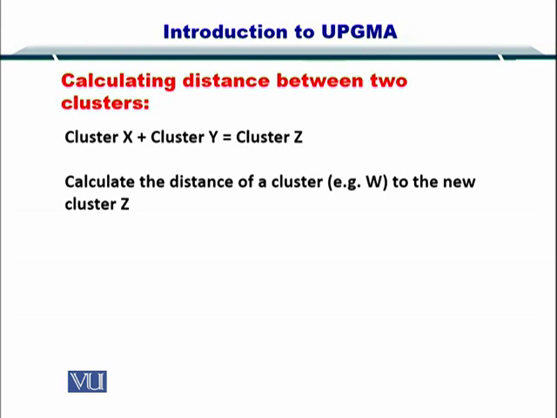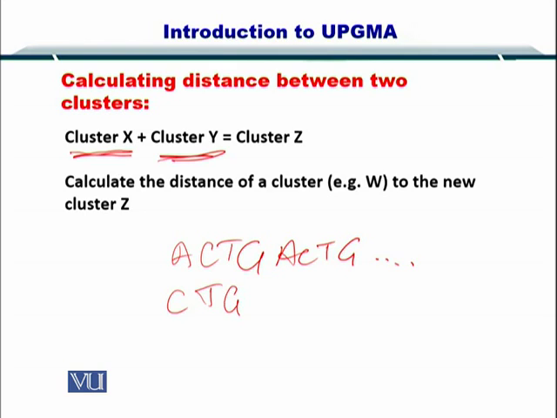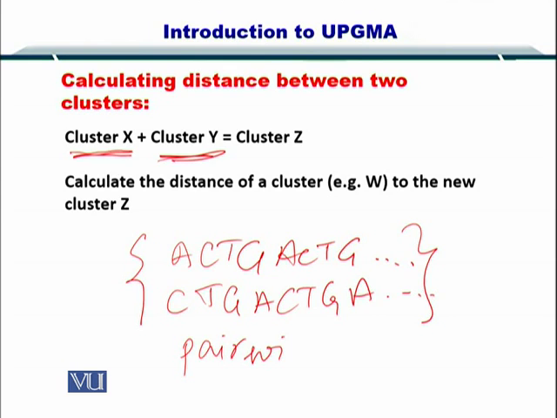So here, for instance, if you have a sequence X, ACTG, ACTG, and so on, and another sequence Y, CTGA, CTGA, like that, then you would want to first perform a pairwise sequence alignment on these two sequences. Once you perform a pairwise sequence alignment, this will help you compute the distance between these two sequences.